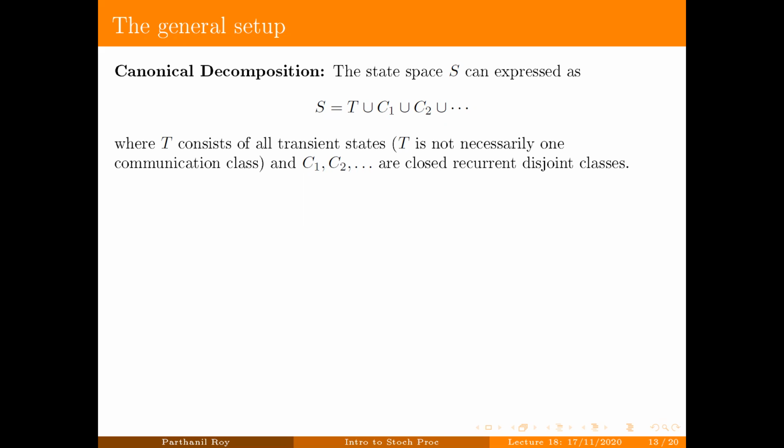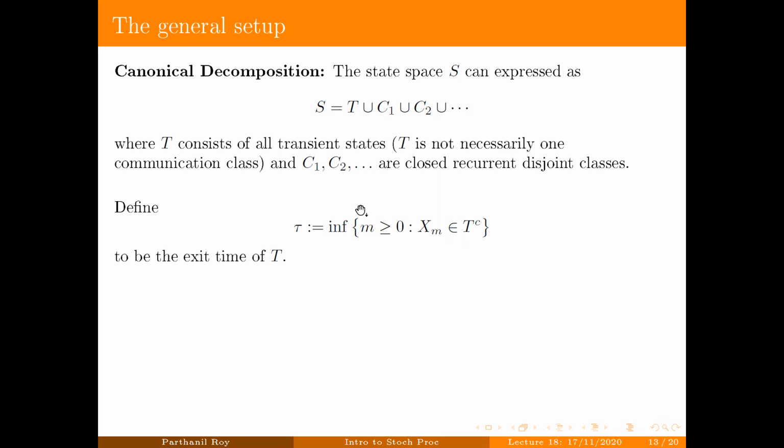Now what we want is, our interest this time is the first time the Markov chain hits T complement. So this is the exit time of T. This would be the time that we'll be interested in.